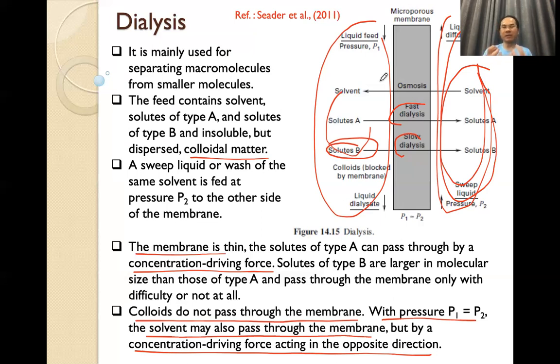Osmotic pressure drives flow from the lower concentration of solute to the higher concentration of solute, or from the pure solvent to the solution. In the reverse osmosis process, we drive from the higher solute concentration to the lower concentration, but here we are talking about solvent, not solute.